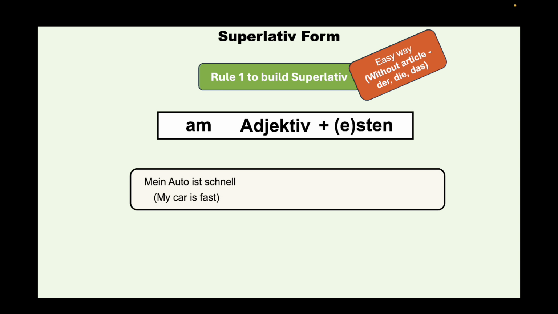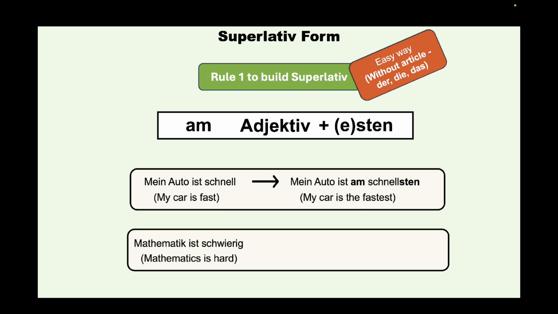Let's take an example. Mein Auto ist schnell, my car is fast. This is the sentence with the positive form. In superlative it will become mein Auto ist am schnellsten. So you see am came before the adjective and sten came at the end. So my car is the fastest. Another example will be Mathematik ist schwierig.